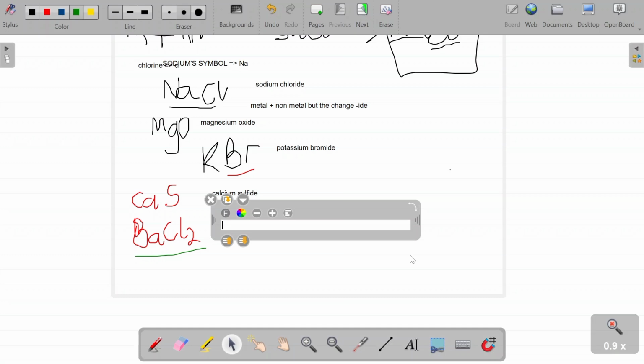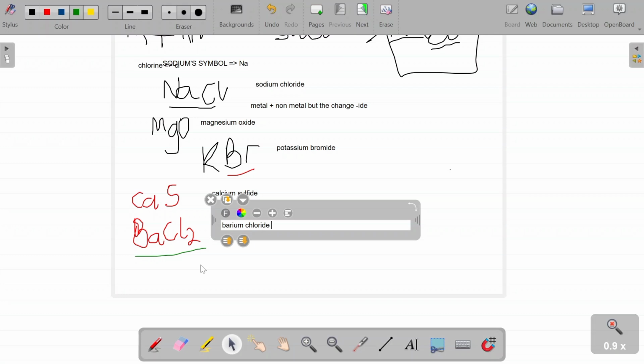In ionic compounds, we don't include the numbering, we just name it directly. Ba is the symbol used to represent the element called barium, and our non-metal is chlorine. So this should be barium chloride. It's not barium dichloride because of the two chlorine atoms. No, it is barium chloride because we are naming ionic compounds.